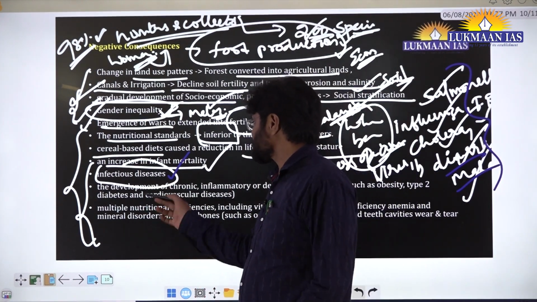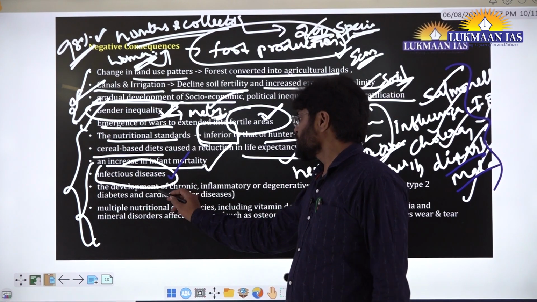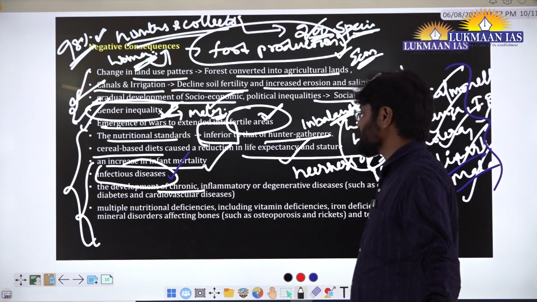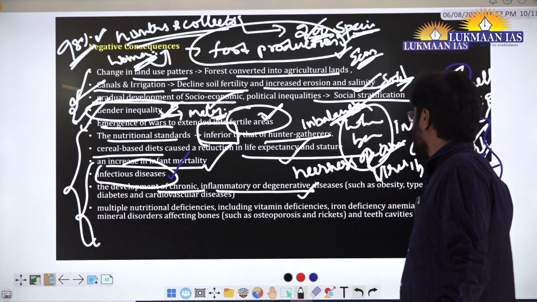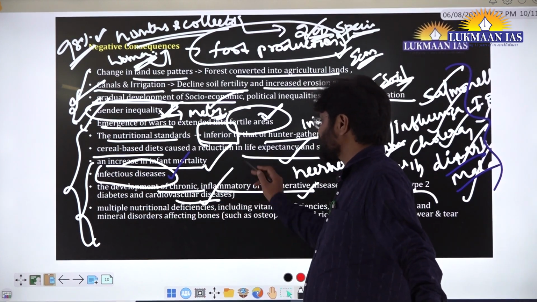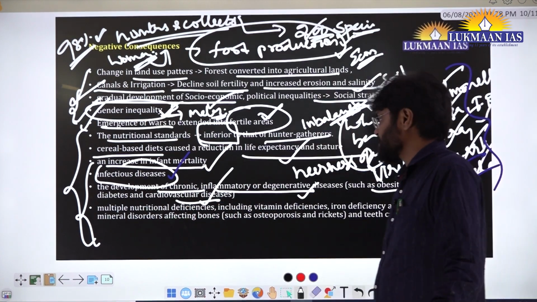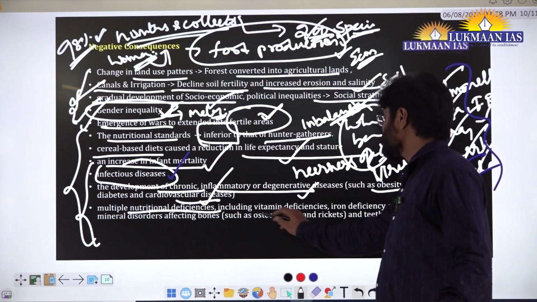So next, not only these infectious diseases, certain chronic non-infectious diseases also came into being, as well as inflammatory degenerative diseases such as obesity, type 2 diabetes, cardiovascular diseases. They were the result of the invention of agriculture. And not only that, nutritional deficiencies in the form of vitamin deficiencies.